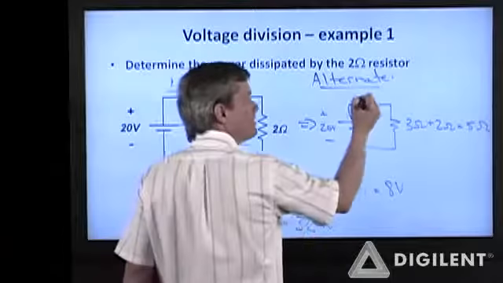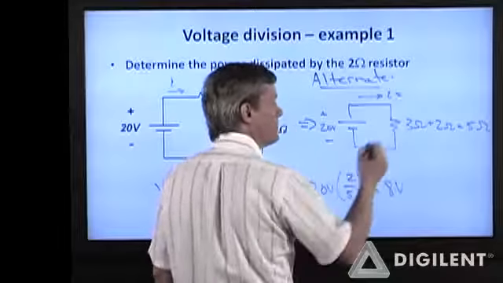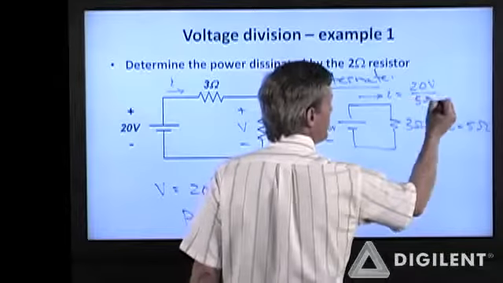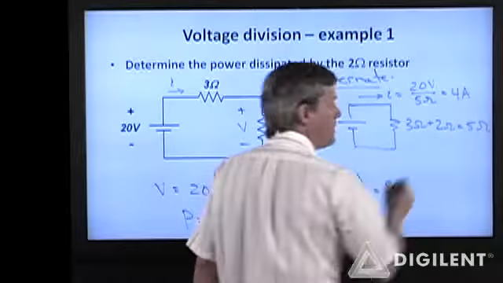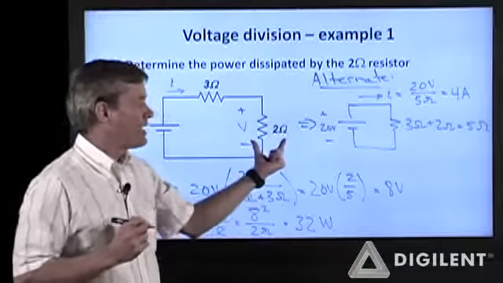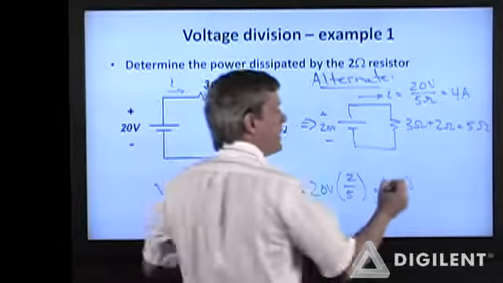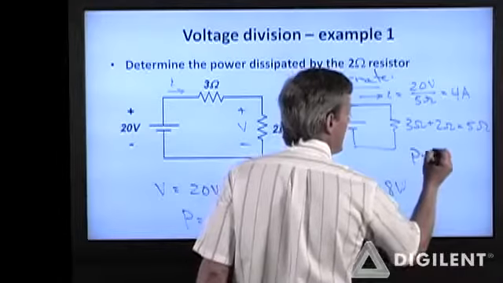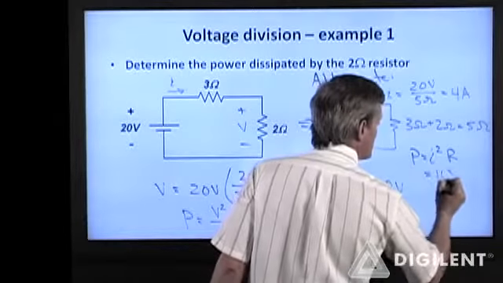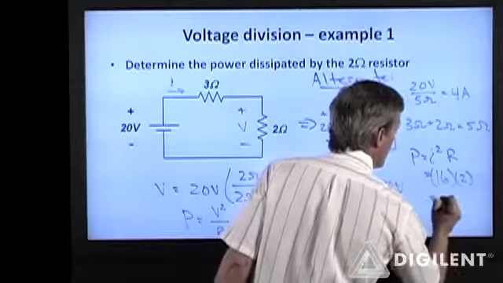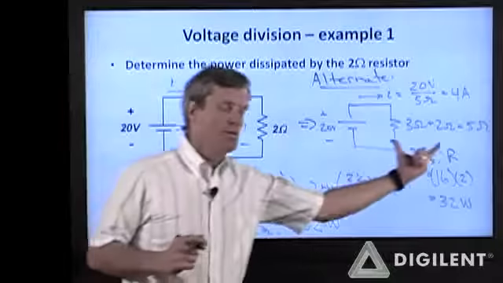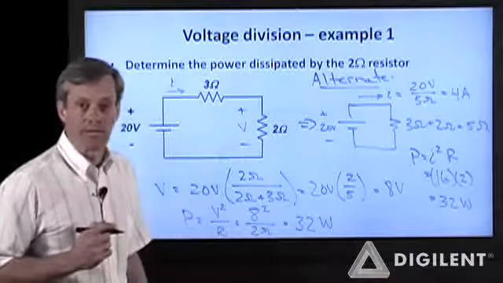Ohm's law tells me that I here is 20 volts divided by 5 ohms, or 4 amps. Once I know the current, I can determine the power dissipated by this. P is equal to I squared times R, which is 16 times 2, which is 32 watts. Maybe a little bit more work, but not a whole lot.